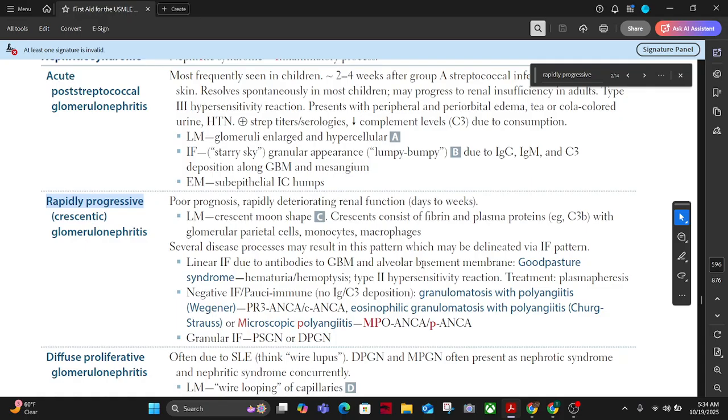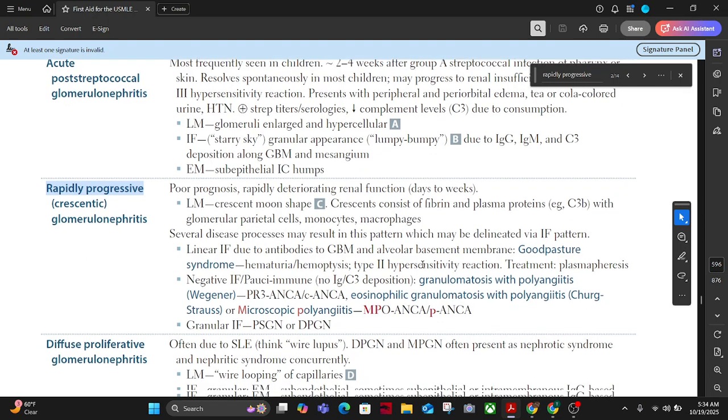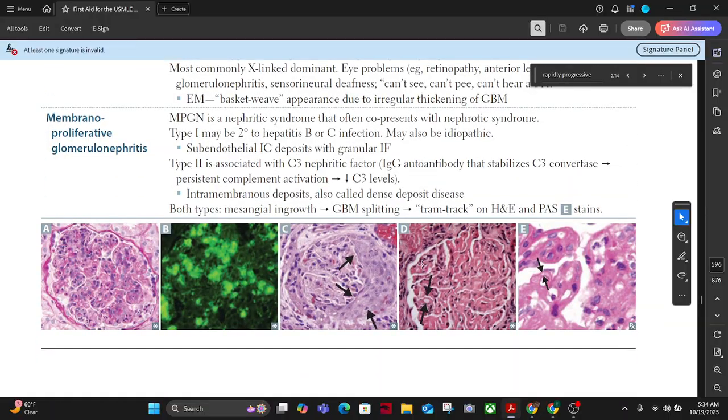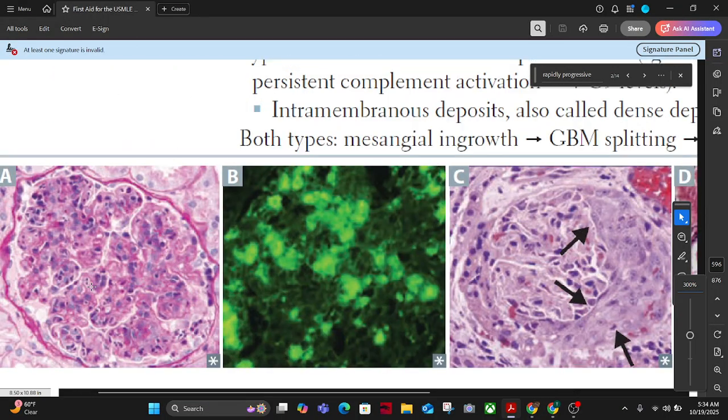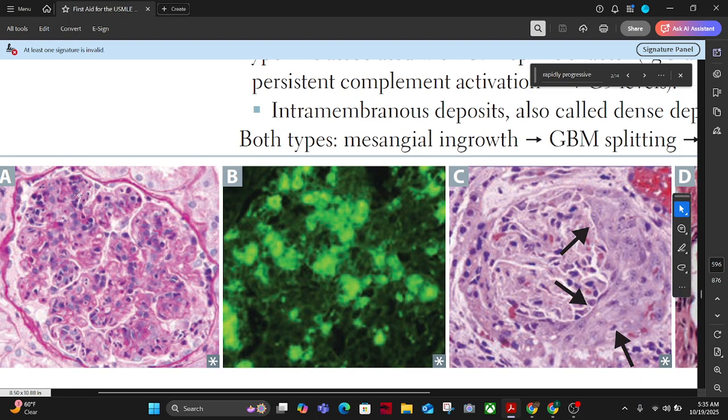But in acute post-streptococcal glomerulonephritis, on light microscopy, you see that the glomerulus is huge, and there are many cells, like in picture A, which I'm about to show you right now. So right here, see this? See how this is a glomerulus. Inside the glomerulus, there are many cells, and these cells look huge.